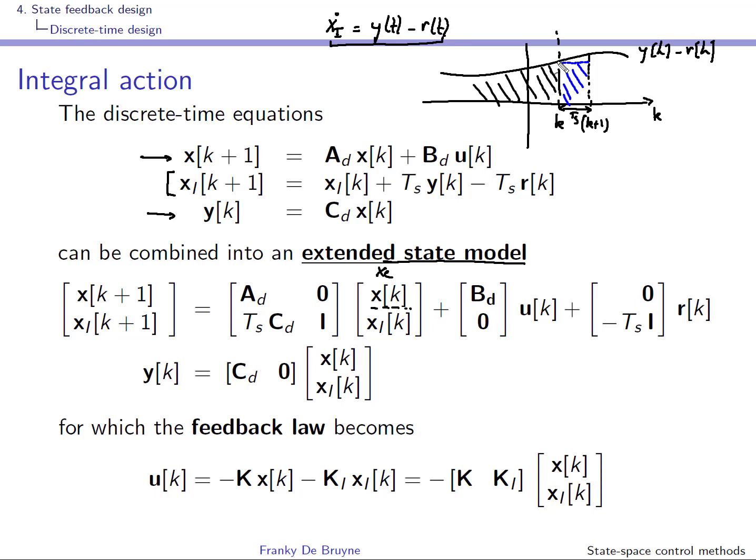The area under the curve up to kTs, and you have to add Ts, right? This is the width of this element here, and then we have to take the height, which is really yk minus rk. So this is how you end up with the equation for the integrator, right?